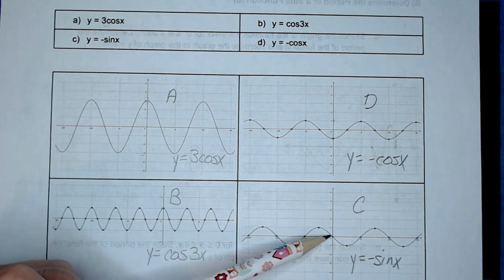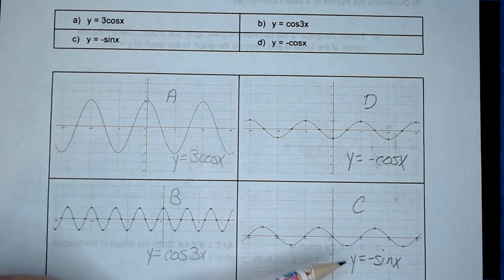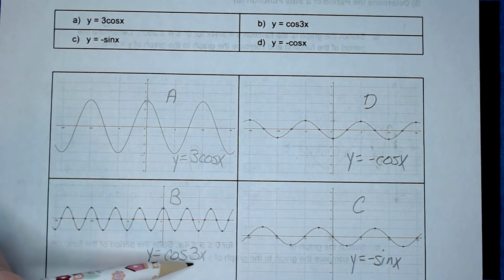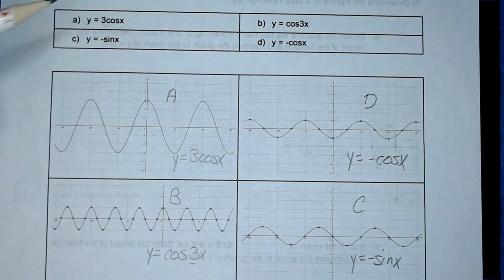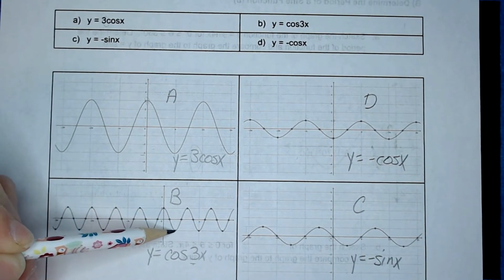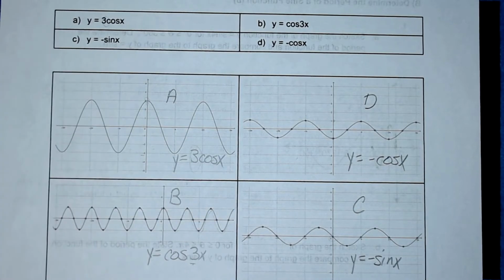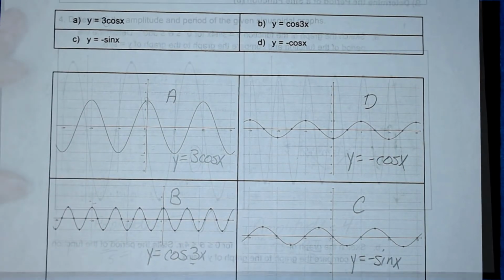This one's the only one that goes through the origin directly, so that gives you a good hint that it's the sine function. And the cos 3x, you can see in one period from 0 to 2 pi, we have 1, 2, 3 repetitions. So that matches with B.